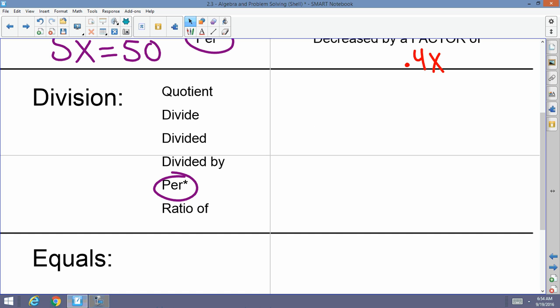Now let's talk about per for division, because per can be multiplication as well. All right, let's go back to the shake thing.